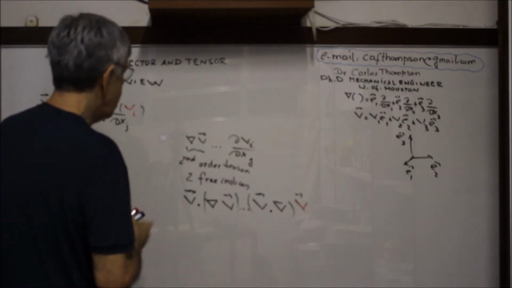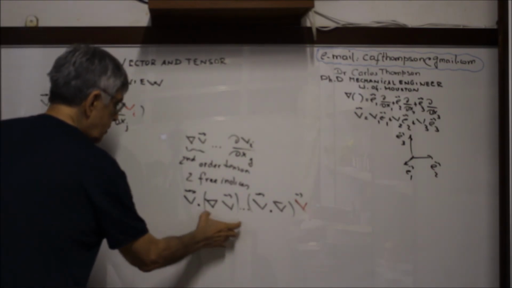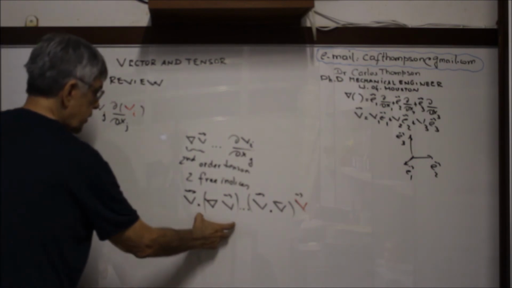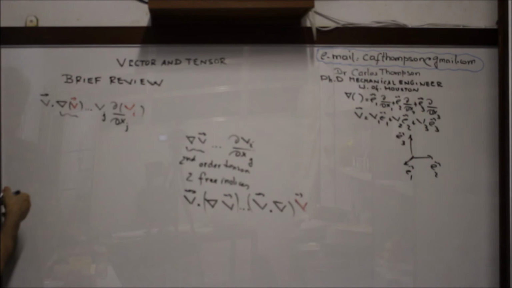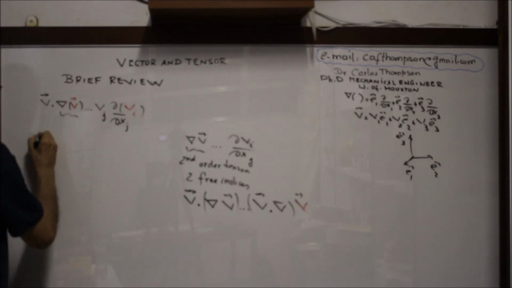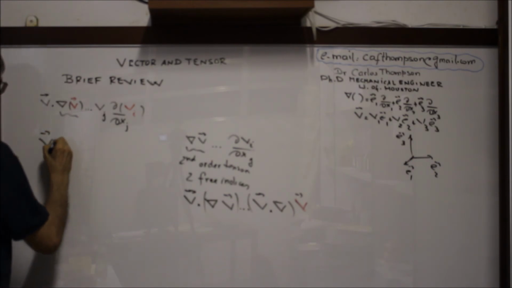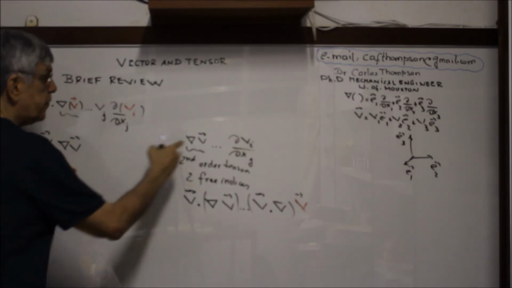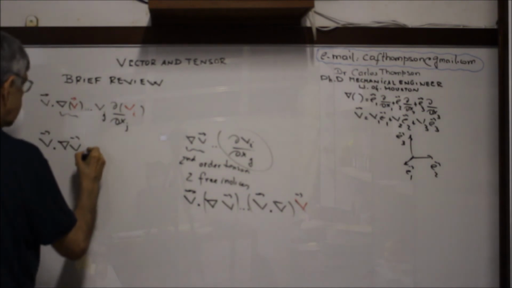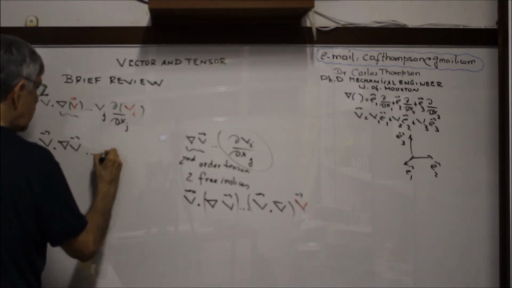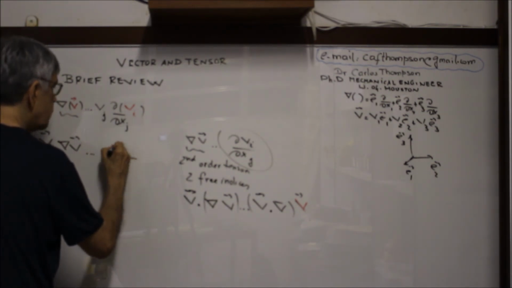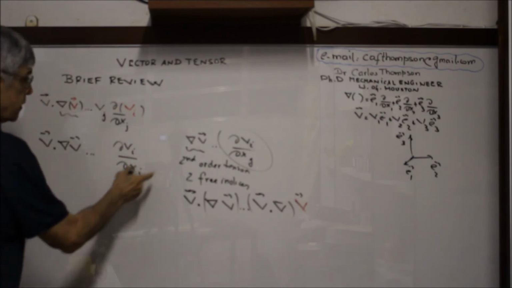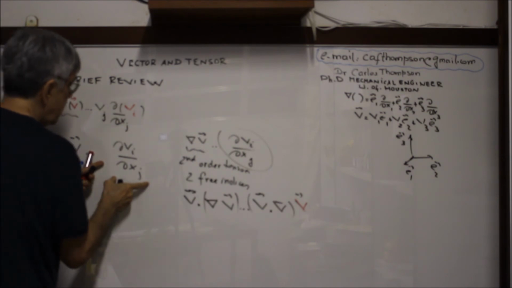Now, look. I will develop this over here. Now, v dot nabla v. Nabla v, I'll put here partial of vi with respect to xj. This is nabla v right here.